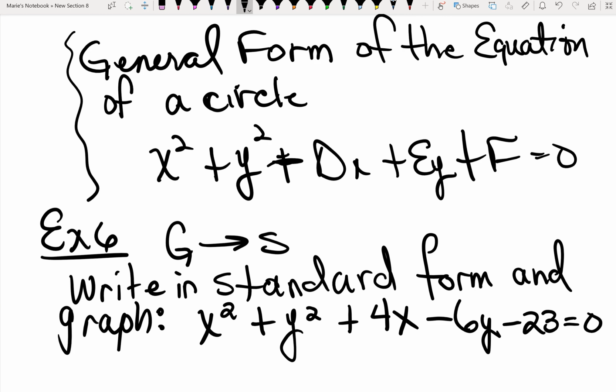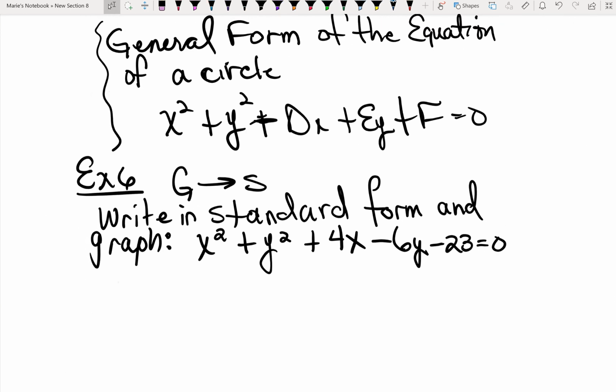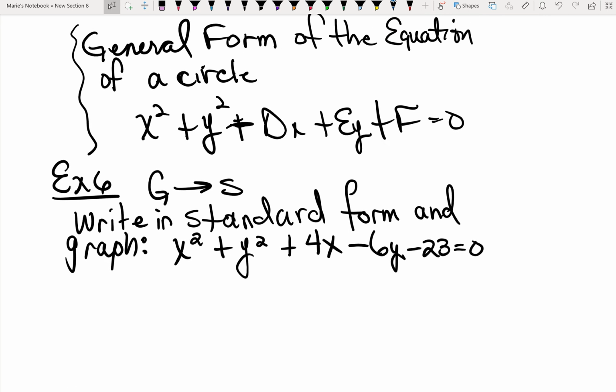If you recall and follow these steps, I think you'll be in fabulous shape. So first thing, the x's, and notice that I'm grabbing the sign, those two come together. The y's, those two come together. And we're going to do what's called completing the square.